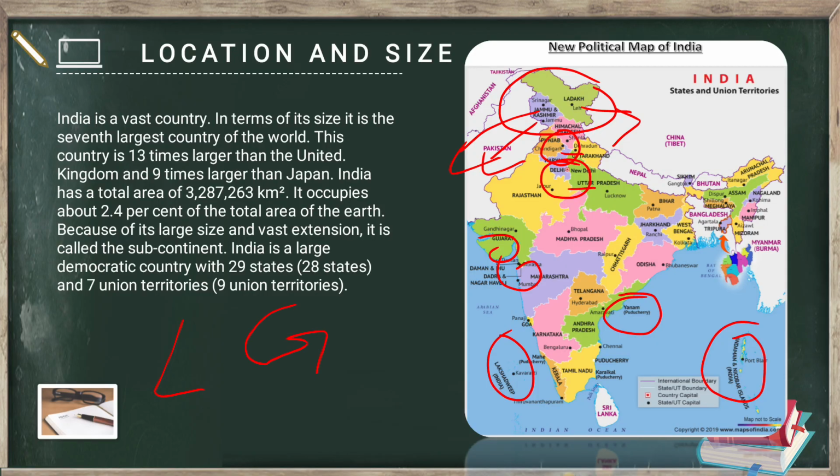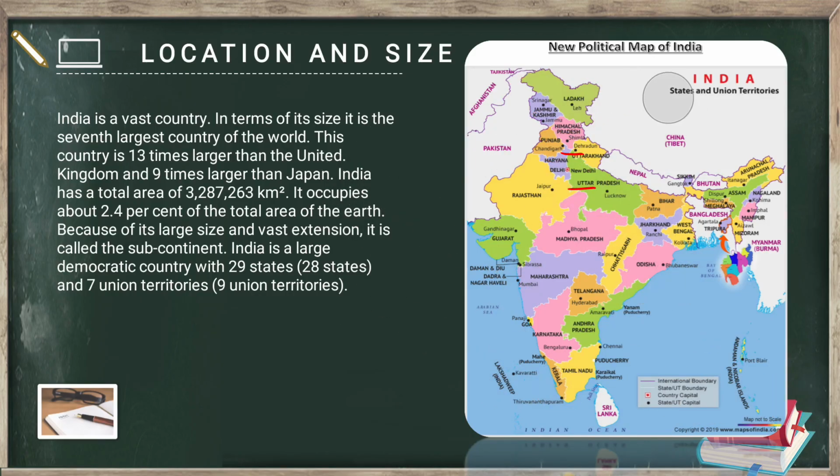That means they will have their own legislature, like a deputy chief minister or a chief minister. They will have a chief minister like Delhi. And then this Ladakh area will be a union territory without the legislature, or without the state assembly.